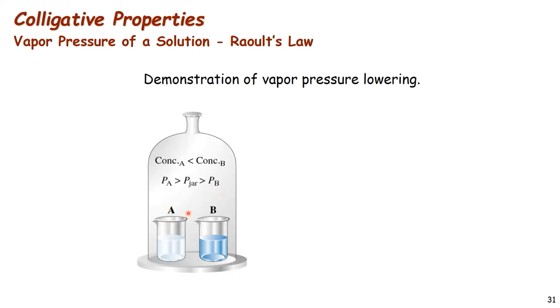Now, remember, it's just going to be the solvent because the solute's non-volatile. The number of salt molecules in these beakers is never going to change. Right? Because the salt's not going to evaporate. So the number of sodium chloride molecules are never going to change inside the two beakers.